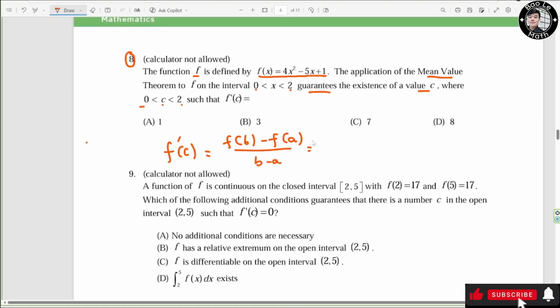Now f of b is going to be right here, f of 2, right? Subtract f of 0 over 2 minus 0, right? Now f of 2 substitute over here, we have 7. F of 0 substitute over here, we have 1 over 2, and it's going to be 3. The answer must be B.